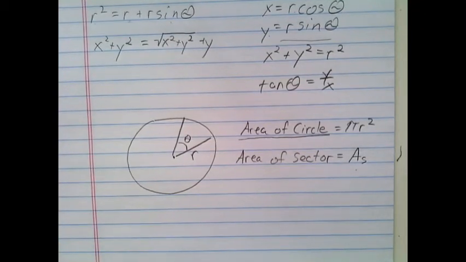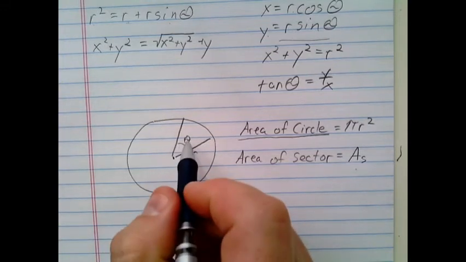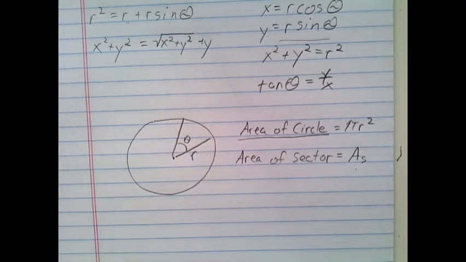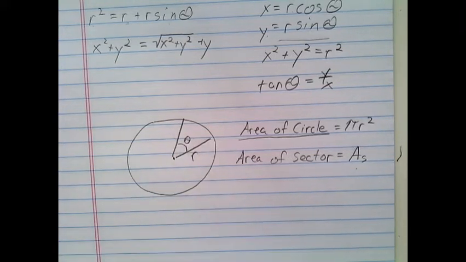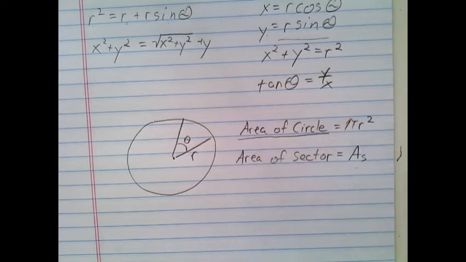Think about it like this. If I told you that this angle was 60 degrees, 60 degrees is 1/6 of 360 degrees. So I think you would naturally expect that the area of the sector would just be 1/6 of the area of the circle.